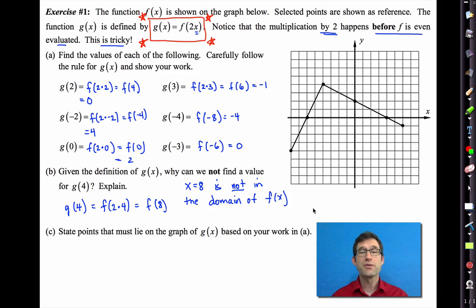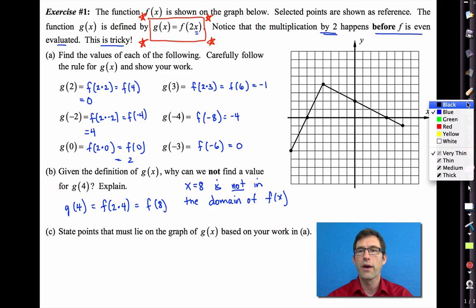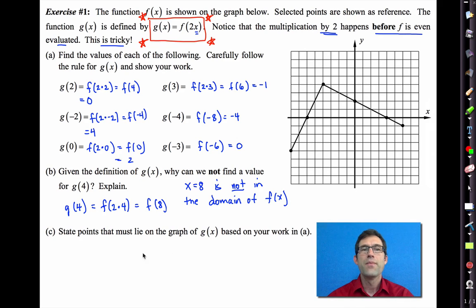All right, letter C. Now, letter C is very, very important. It says state, because we're going to graph g in a moment. We've got to graph g, so we want some points on the graph of g. And letter C says state the points that must lie on the graph of g of x based on your work in A. But it's very important that you understand inputs and outputs. So for instance, this point is the point 2, 0.